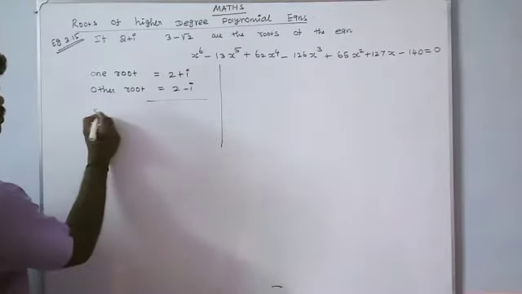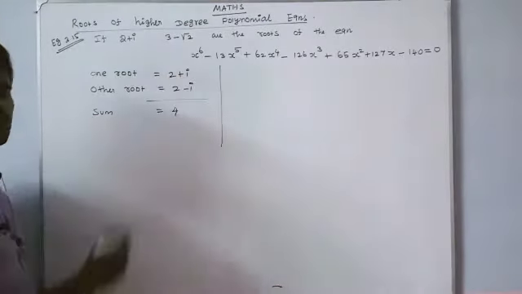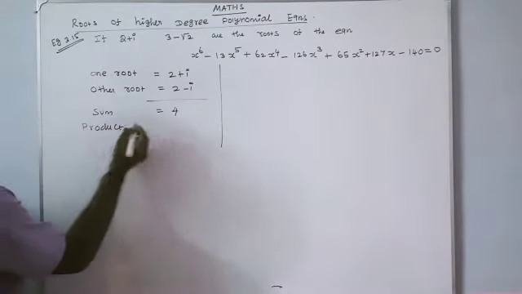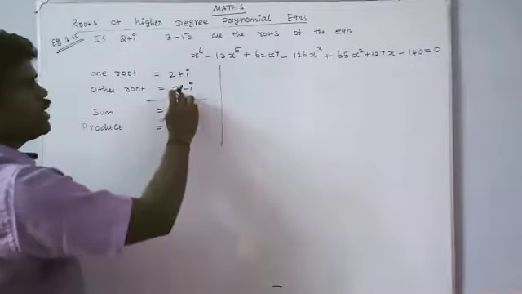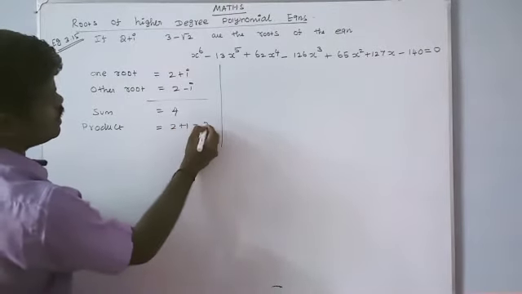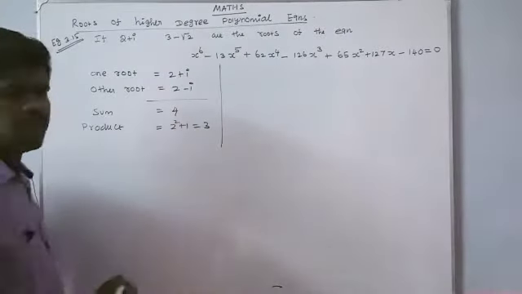Sum of the roots is 4. Product of the roots is 2 squared minus i squared, that means 4 plus 1, which is equal to 5.